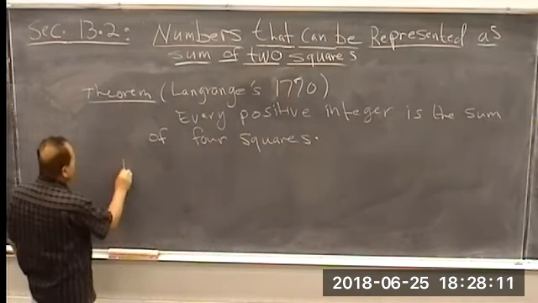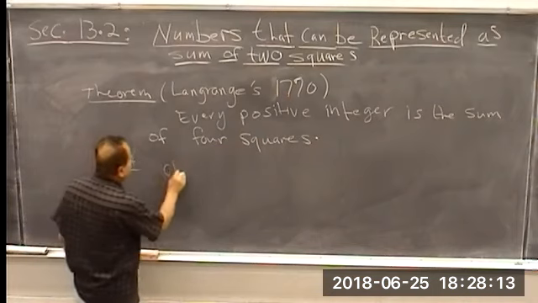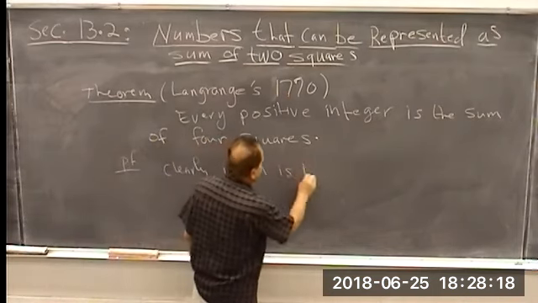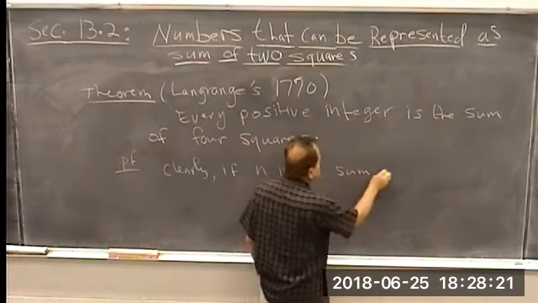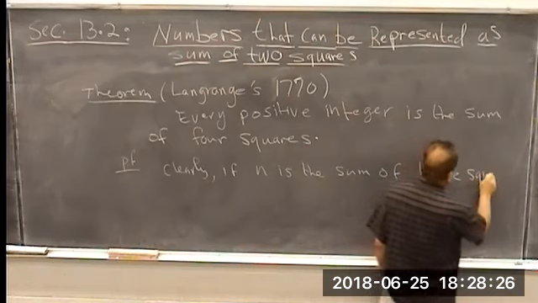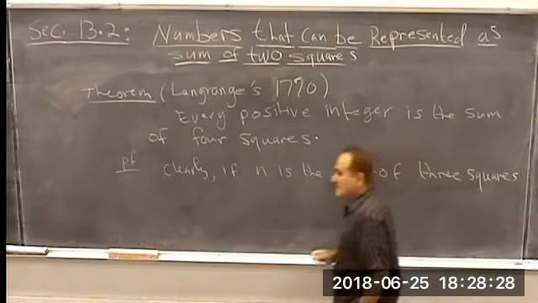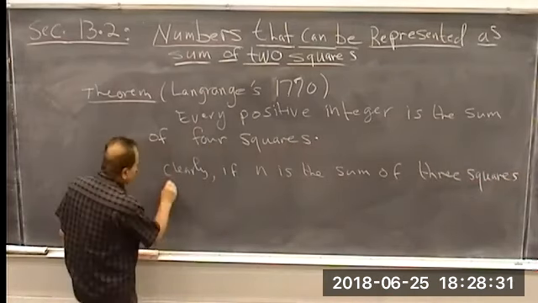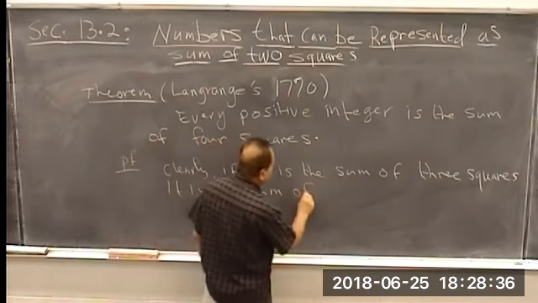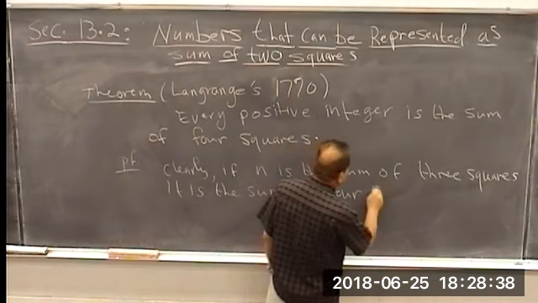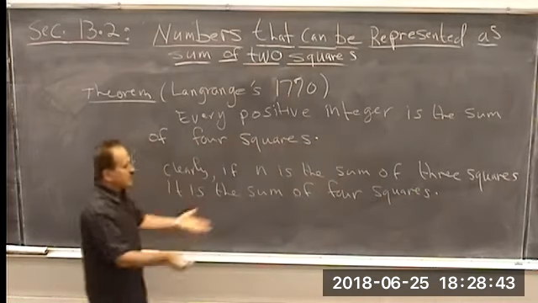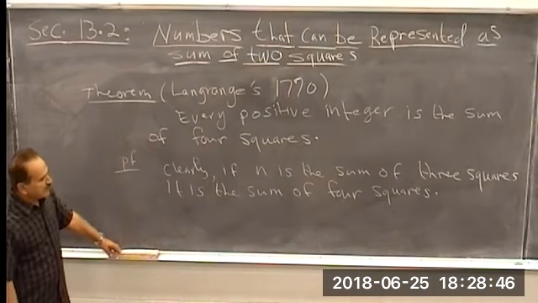Now, again, we're going to use this idea clearly. If n is the sum of three squares, it is the sum of four squares, because you can add 0 squared to the three squares, and we are left with the same number, so it becomes four squares.